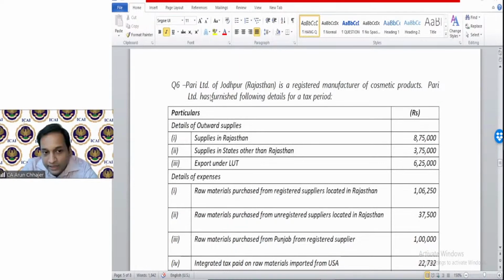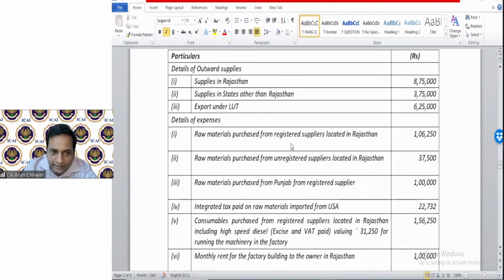Pari Limited of Jodhpur is a registered manufacturer of cosmetic products. Pari Limited has furnished the following details for a tax period. Supply in Rajasthan. Supplies in states other than Rajasthan. Export under LUT.